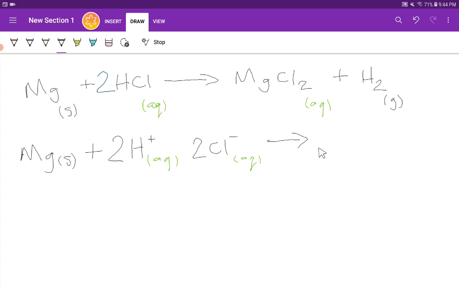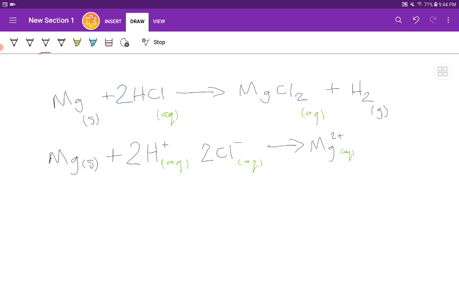Those reacted to form magnesium chloride. Now magnesium forms an Mg2 plus ion, which is in aqueous solution, and we have Cl minus ions. How many Cl minus ions do we have? We have 2 of them.